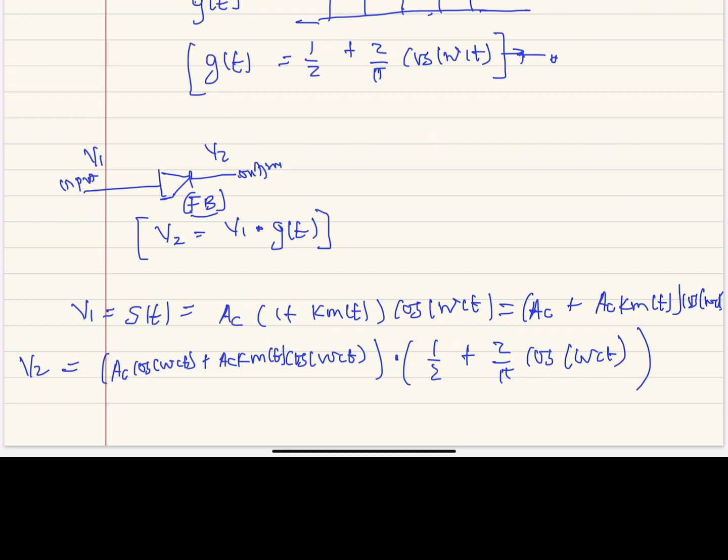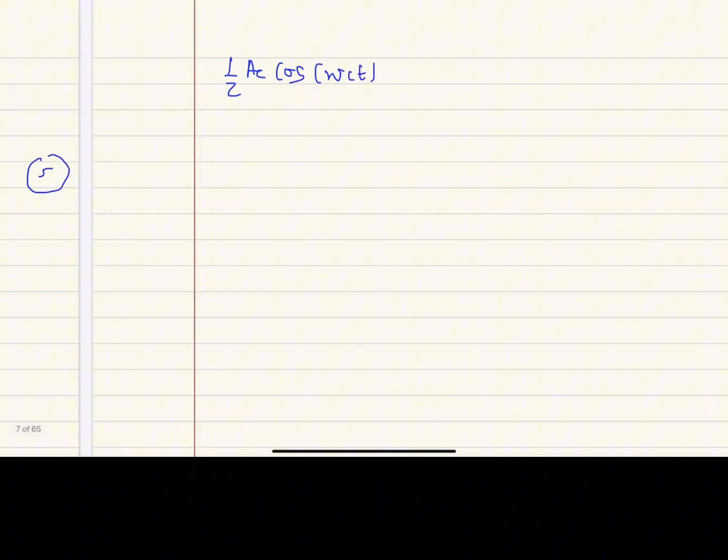The rest is simplification. Ac cos ωct times 1/2 gives 1/2 Ac cos ωct.